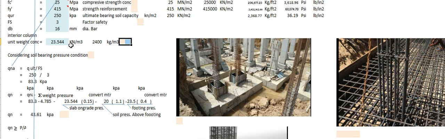The unit weight of concrete is 23.544 kN per cubic meter.